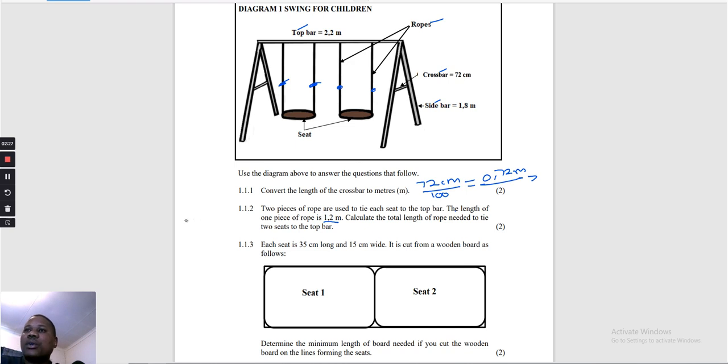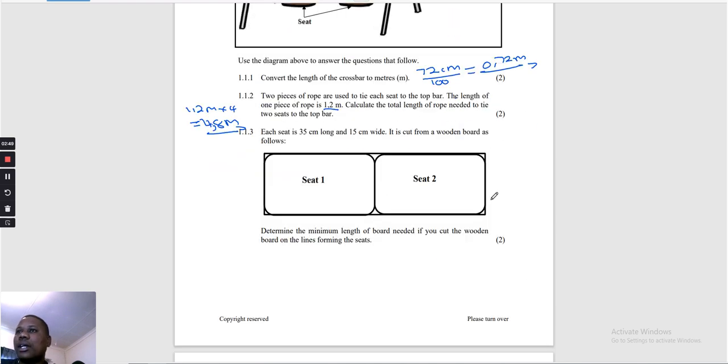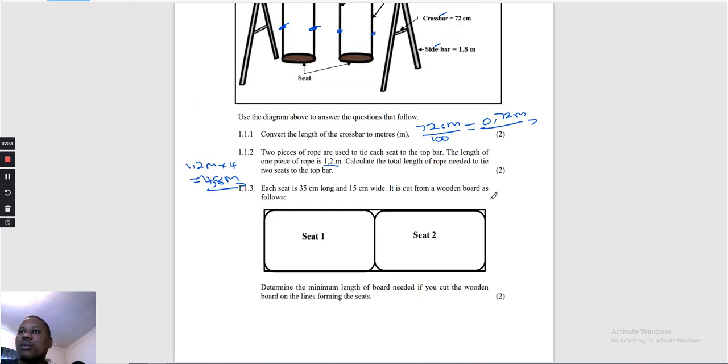So we're going to say 1.2 meters multiplied by 4. That means the total length needed there is 4.8 meters.